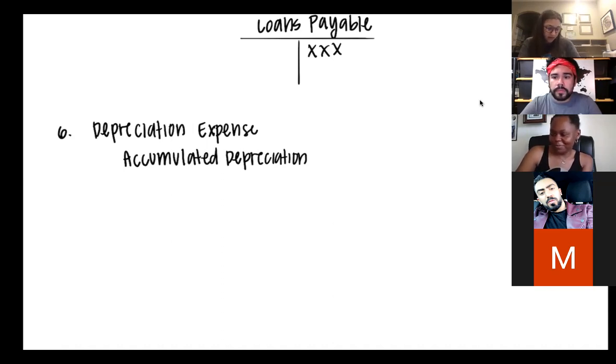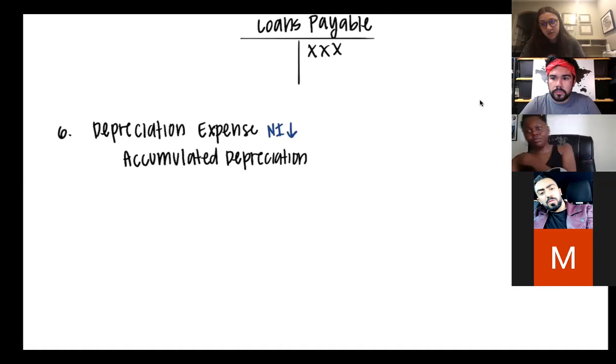And does it lower it or increase it? It's an expense, right? So it's going to lower your net income. And then accumulated depreciation affects your assets, but accumulated depreciation is a contra asset, which means it has a normal credit balance, which lowers your assets.